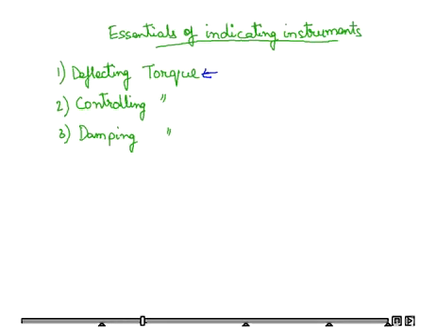Deflecting torque can be produced by using any method, like the magnetic effect. The magnetic effect is used, for example, in PMMC, the permanent magnet moving coil system, where we take the magnetic effect. The electromagnetic effect can also be used.